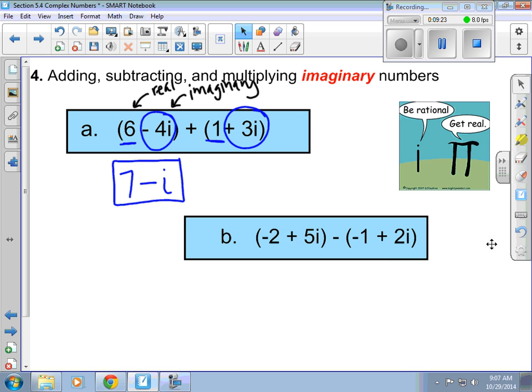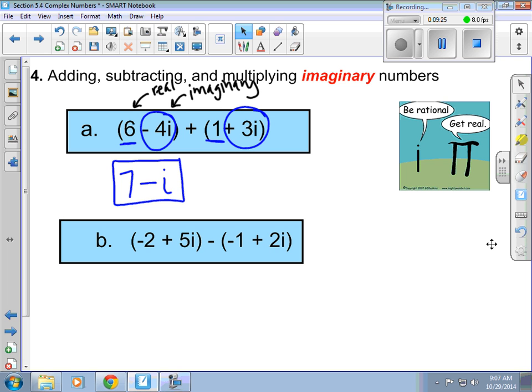So B. Once again, here we're going to be subtracting. One thing you need to be careful of is this negative out in front. We are subtracting. So what we have is -2 minus a -1. So it's really going to be +1. So it's really -2 plus 1, which gives us -1. And then we have 5i minus 2i.